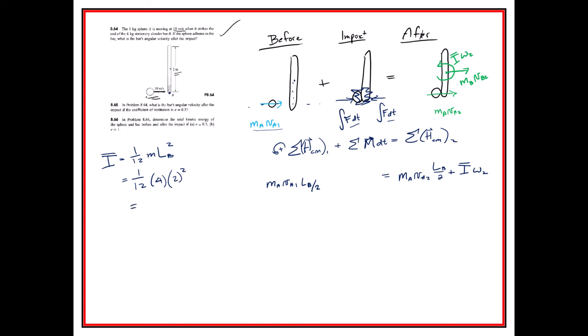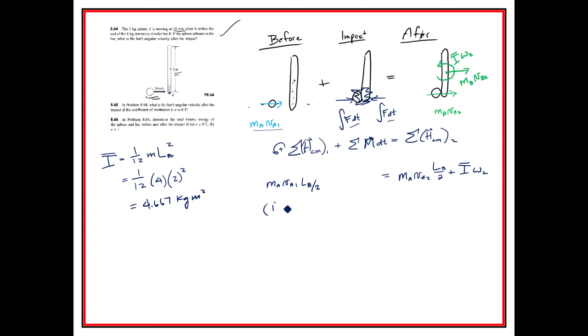Should be able to do that in my head, but I can't. 16 divided by 12, that's like 4.667 kilogram meter squared.